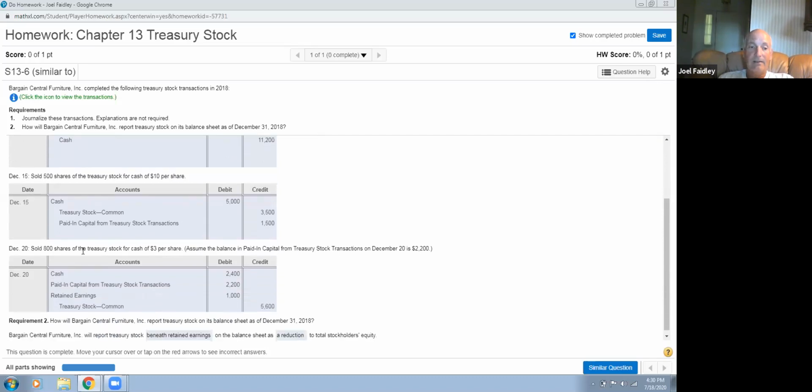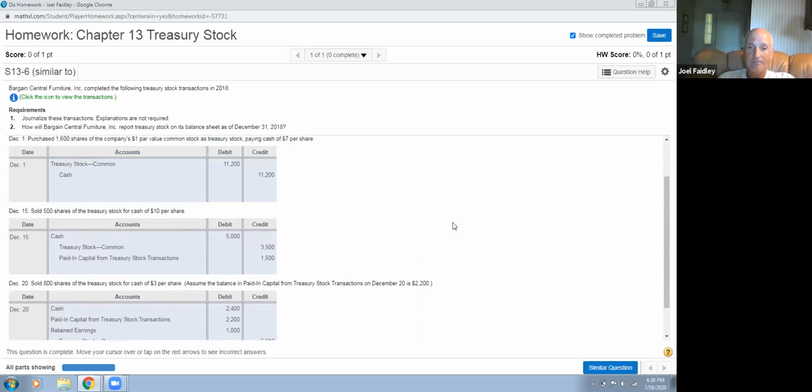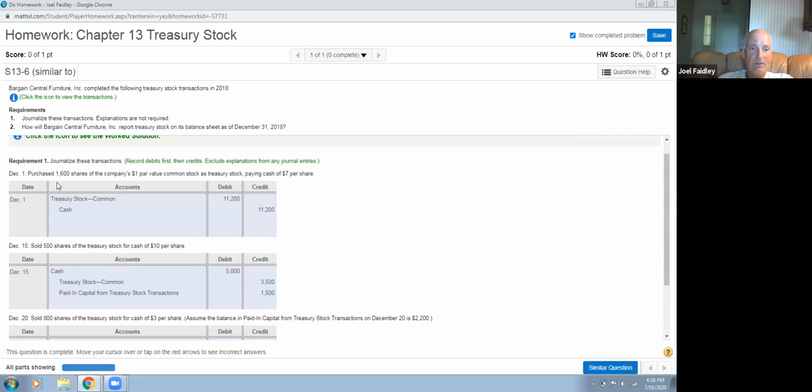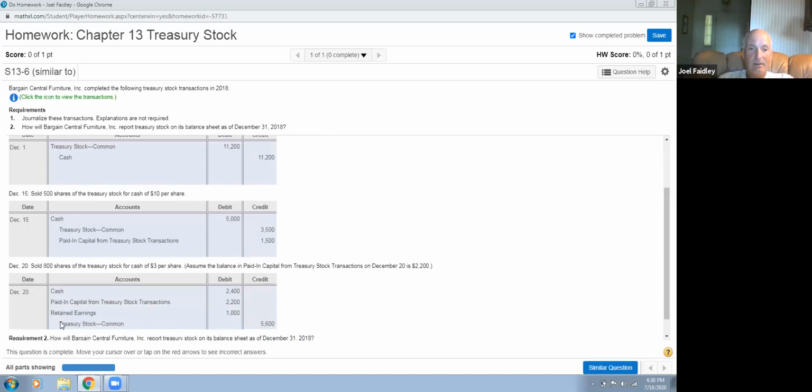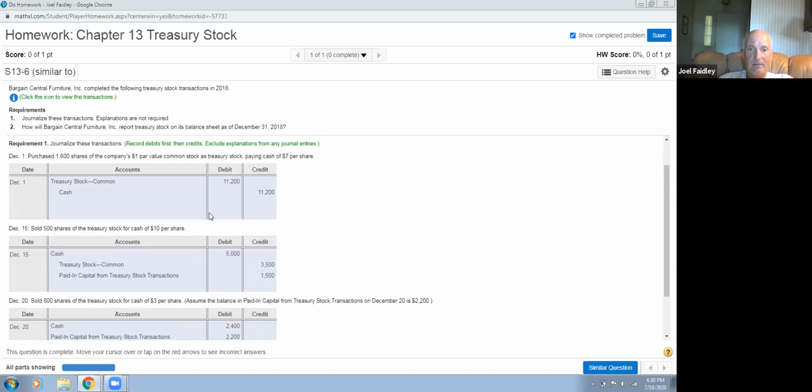All right, then it says they sold 800 shares of treasury stock for $3. So that's at a loss, isn't it? All right, $3 times 800, there's my $2,400 cash. The treasury stock has to come out how it went in. How many shares did I have left over? Well, if I purchased 1,600 and I sold 500, I had 1,100 shares, right? And then I sold 800 shares of these at $7.